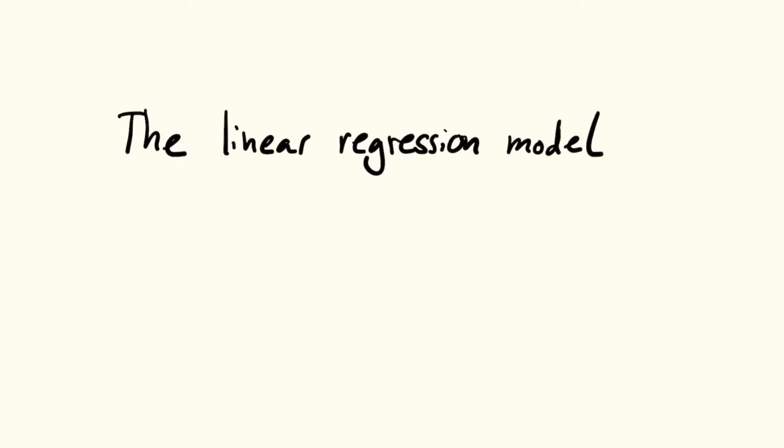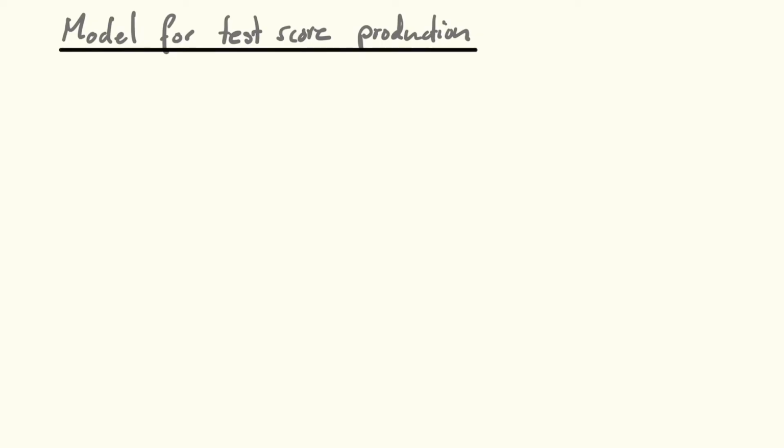Welcome back. In this video, we'll talk about the linear regression model. Previously, we have developed a model for test score production. The test score is a classroom outcome variable that we're interested in.